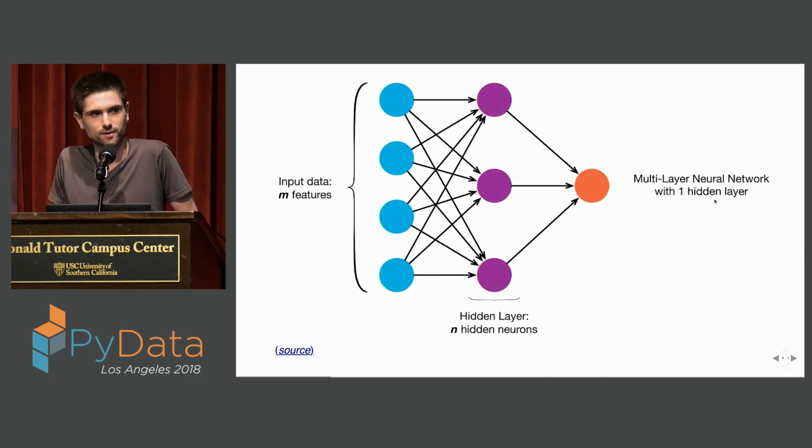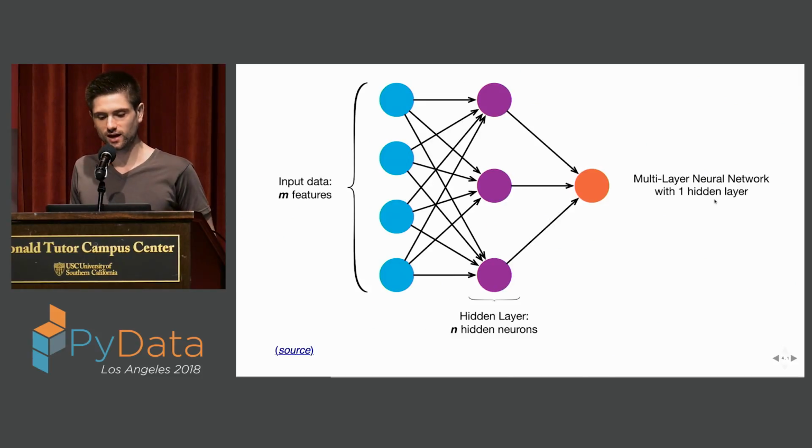Here is a graphic of one of these fully connected neural nets. Basically, you have some input data. Over here, we have input data with M features. It gets transformed through a series of layers, and in the end, we make a prediction. Maybe a number, maybe we're doing regression, maybe it's a classification question, maybe we're trying to predict between dogs and cats.